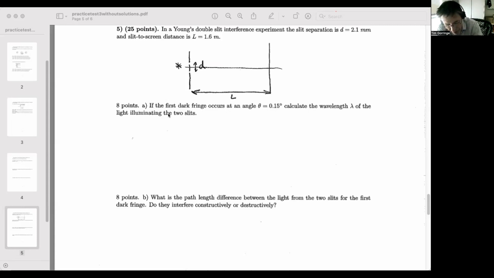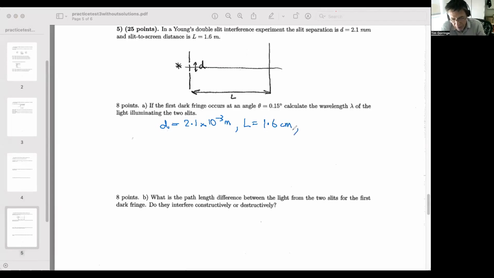I'm going to write down, first of all, what we're told in this problem. We're told that the slit separation is 2.1 millimeters. That's 2.1 times 10 to the minus 3 meters. We're told that the distance from the slits to the screen is 1.6 meters.